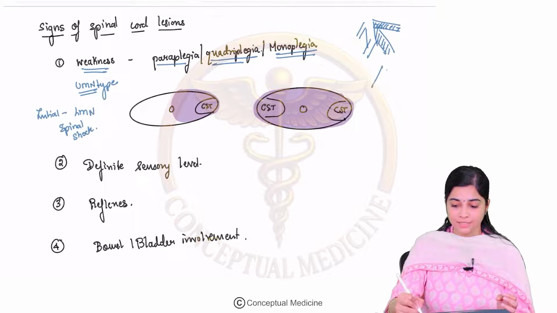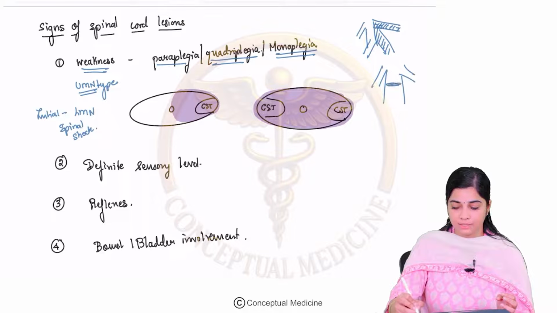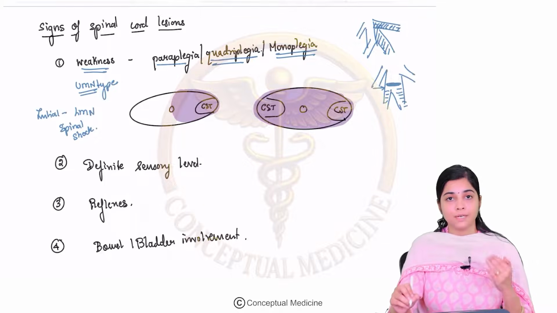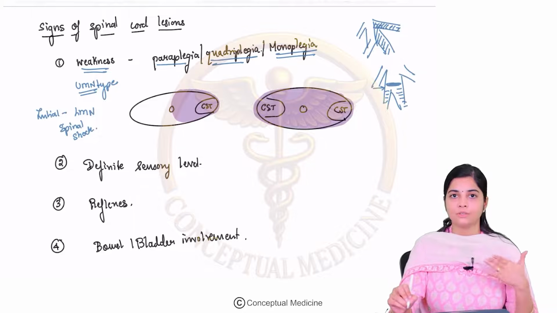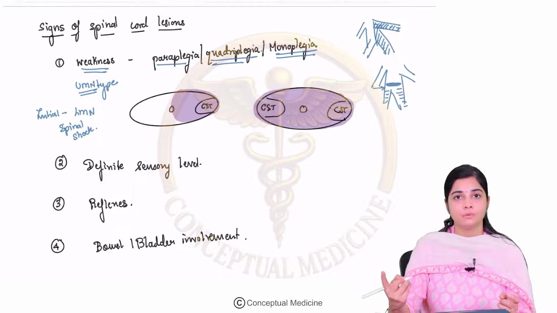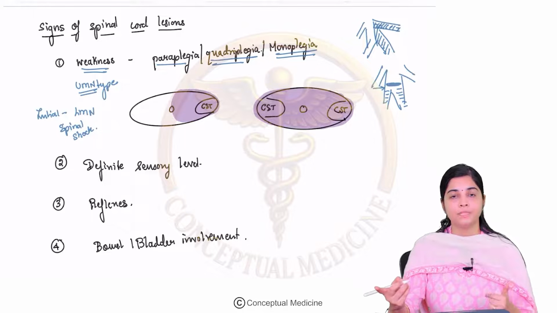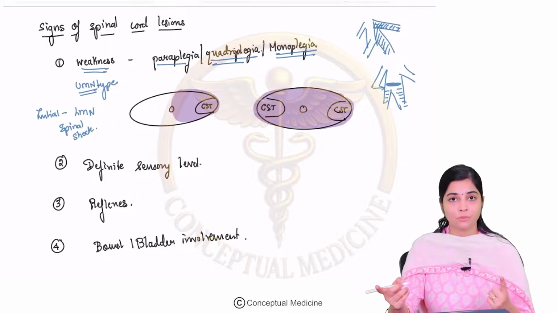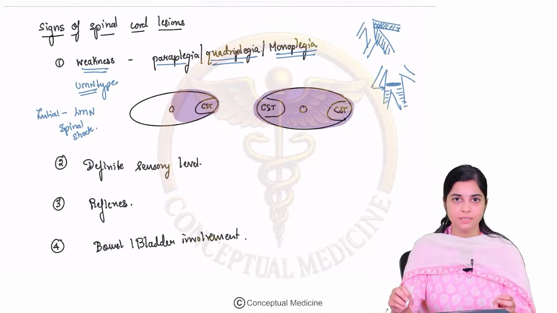But spinal cord lesions, if the cord is cut here, will only affect the corticospinal tracts that it supplies below the level of the lesion. It's not going to affect the corticospinal tract above. So it can cause paraplegia where both the limbs are involved, monoplegia where one limb is involved, or quadriplegia, especially in cervical cord lesions where both the hands and legs are involved.